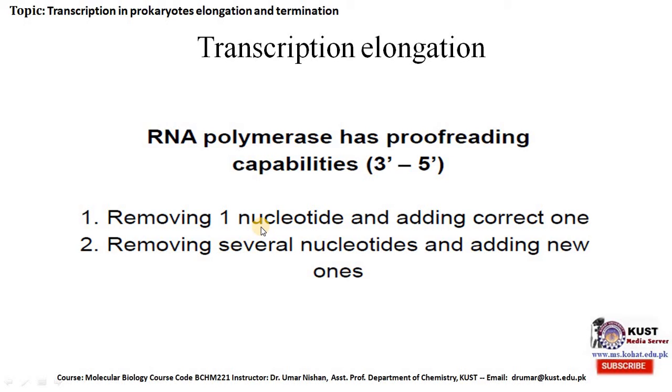So it depends on the situation. Sometimes process 1 can happen, and in other situations process 2 can happen. So RNA polymerase has proofreading capabilities from 3' to 5'.